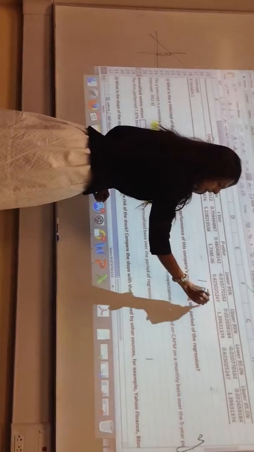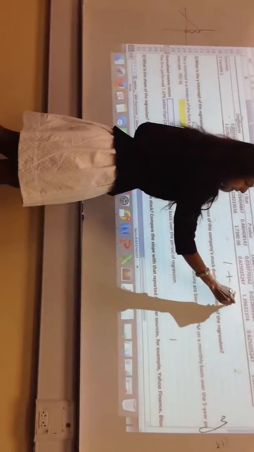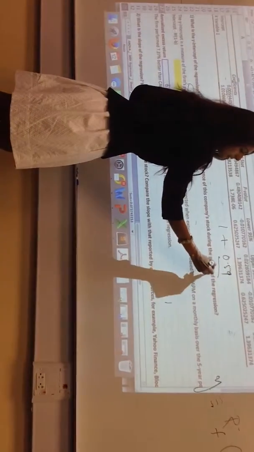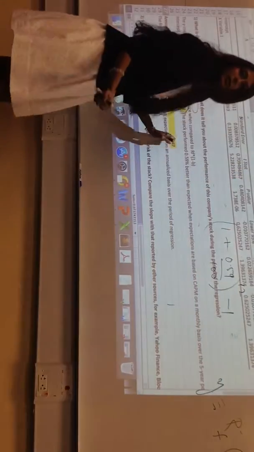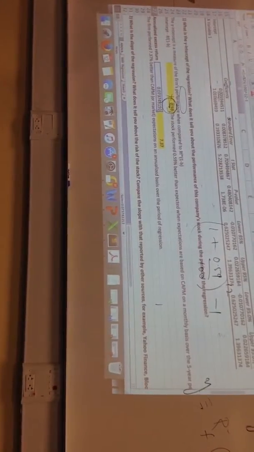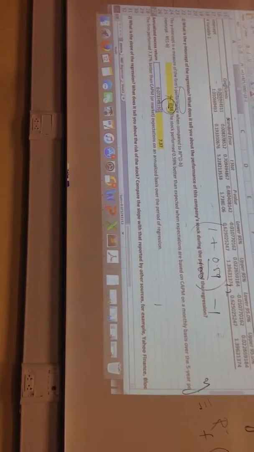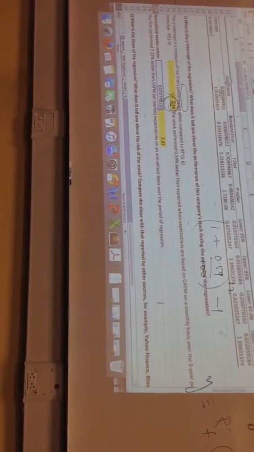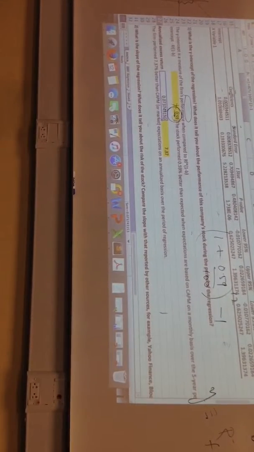So you basically go 1 plus your monthly rate, that was my 0.59, divided by 100, raised to the 12, minus 1, your compounded rate. I always like using the equation, but you are welcome to use whatever you're comfortable with. If you like your calculator, feel free to use the calculator. But that's your simple equation for computing the annualized rate.